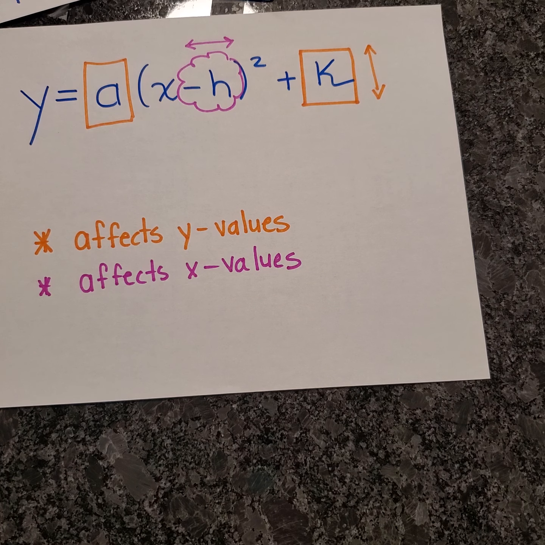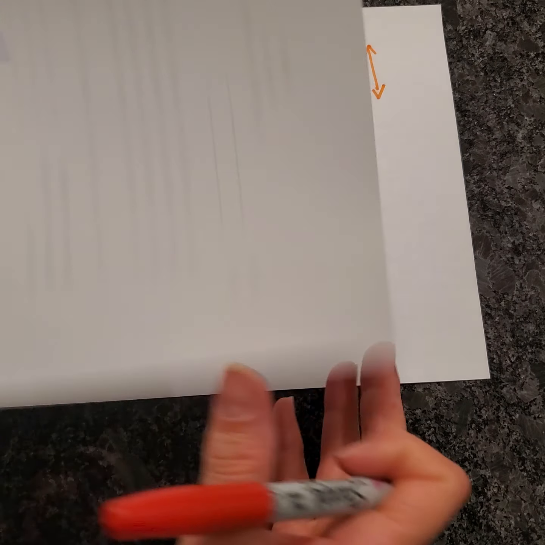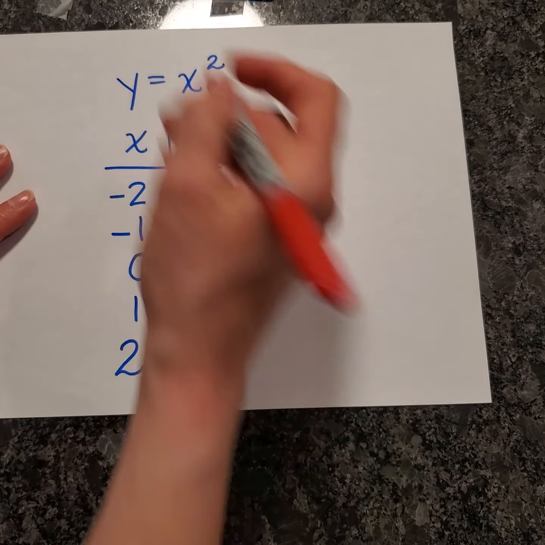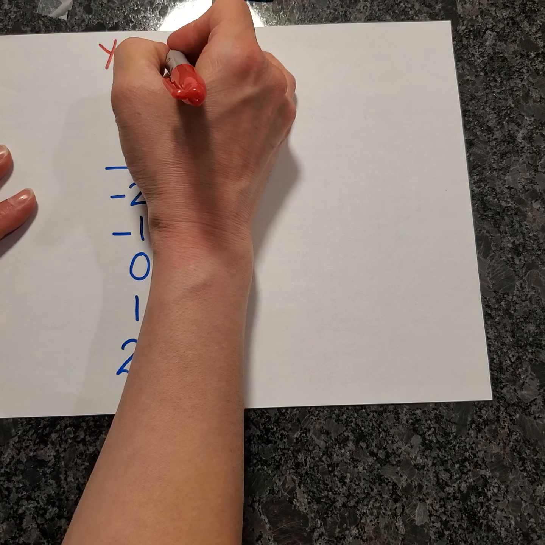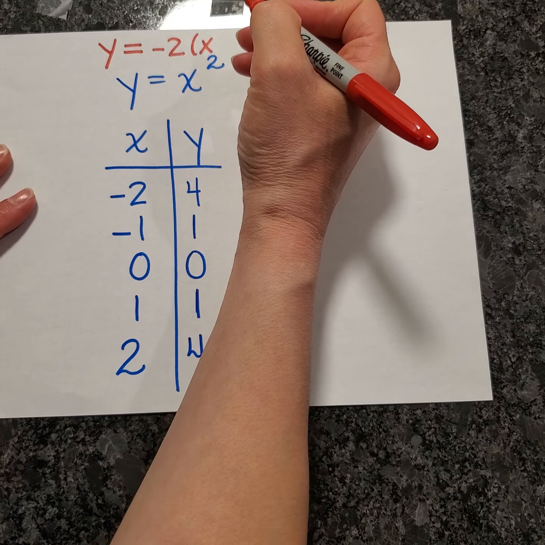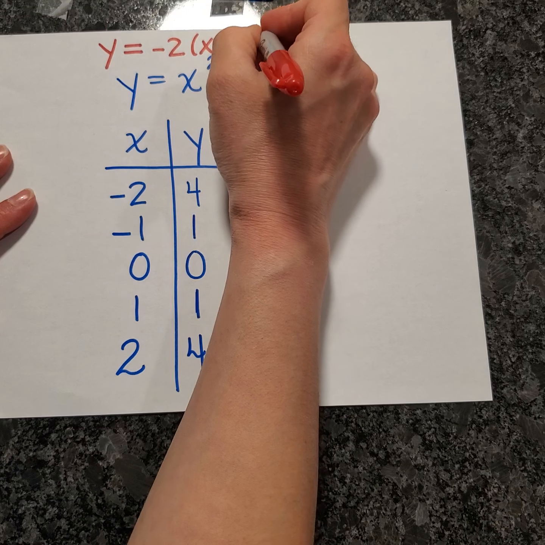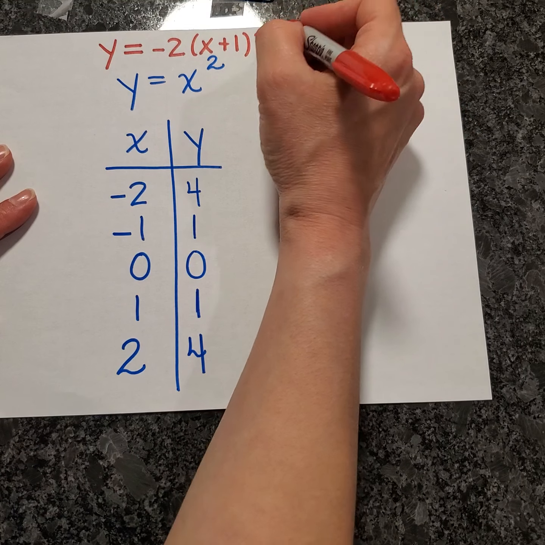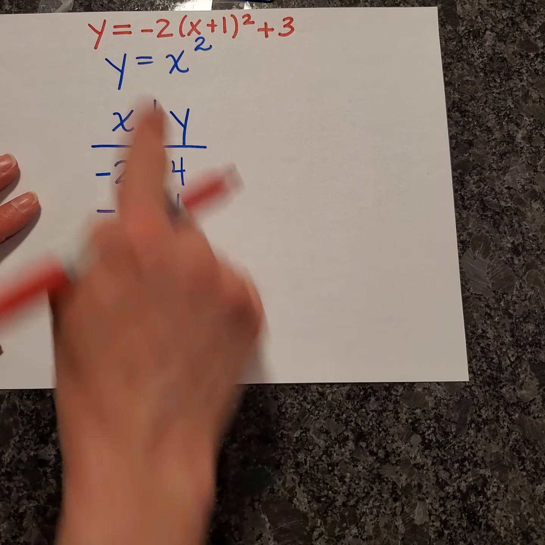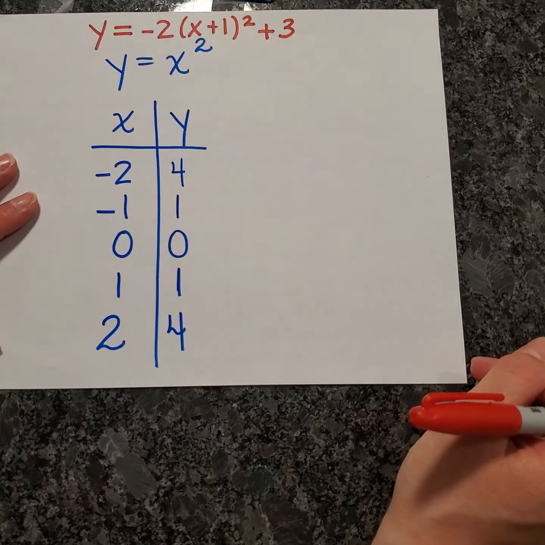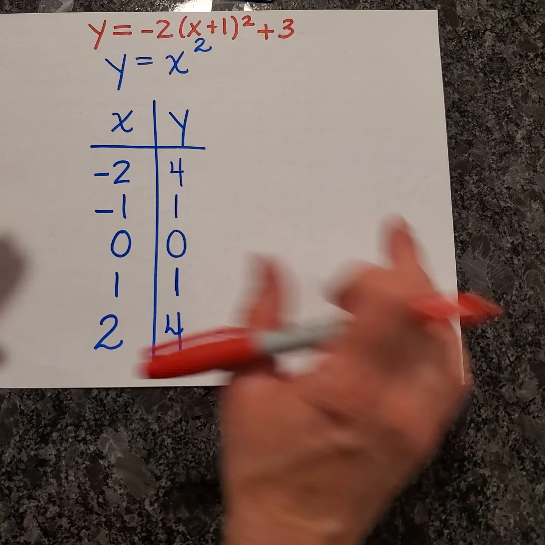The specific example I'm going to use is... Hopefully by this point, you've done enough homework and enough practice that if I give this to you, you can describe the transformations to me with no issues.